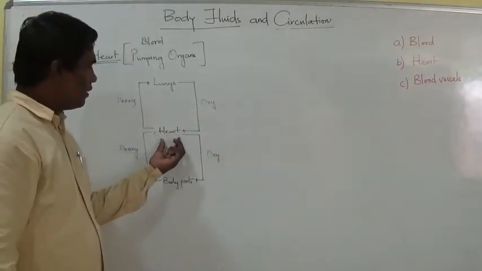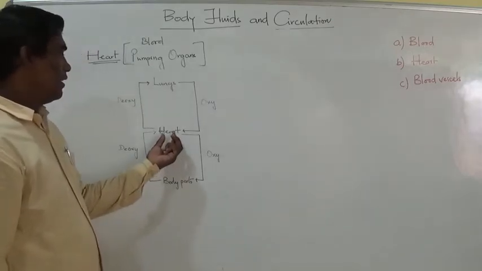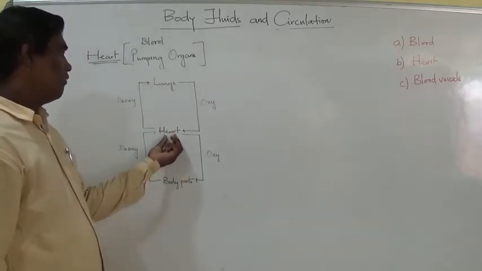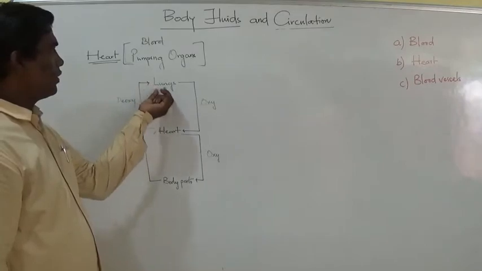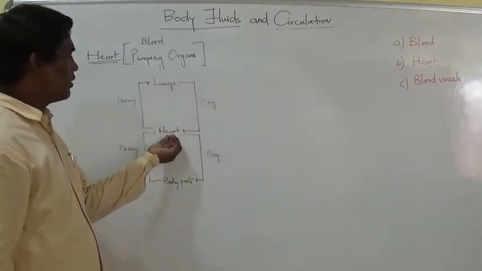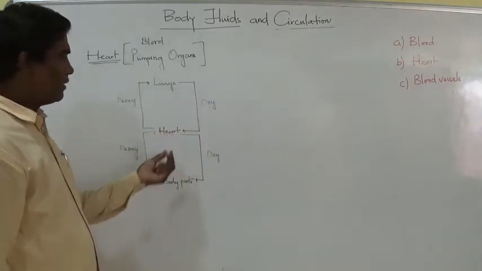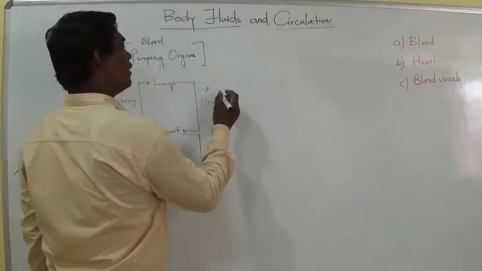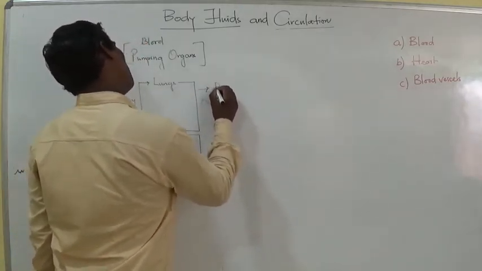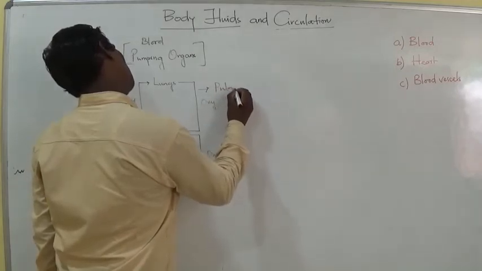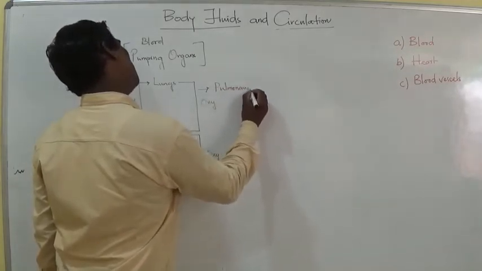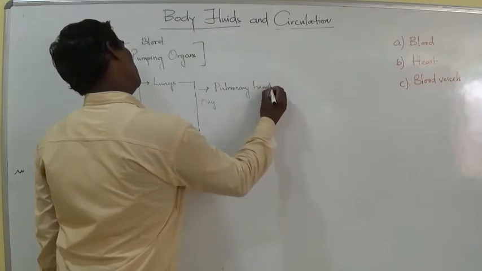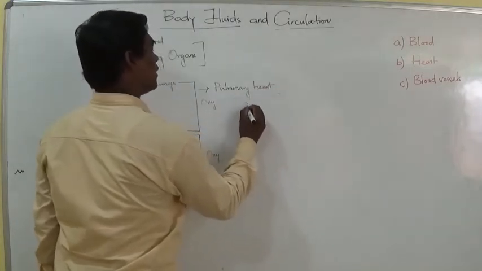But here also we can see that the heart sends the deoxygenated blood to the lungs, and after oxygenation it is sent to the heart again. And this particular heart is usually called the pulmonary heart, with pulmonary circulation.